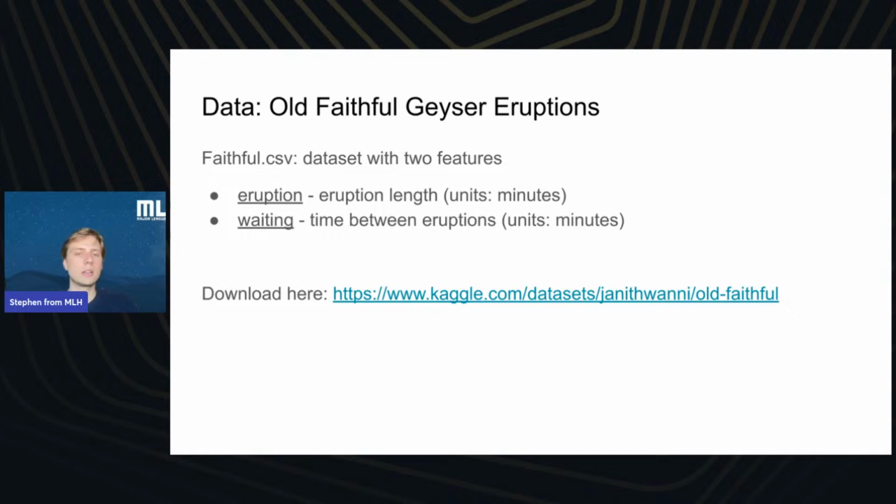It erupts every couple hours, actually. And the data set has two features regarding these eruptions. It tracks every eruption's length, which is in minutes, and it tracks the waiting time between eruptions in minutes. So it has both of these variables.